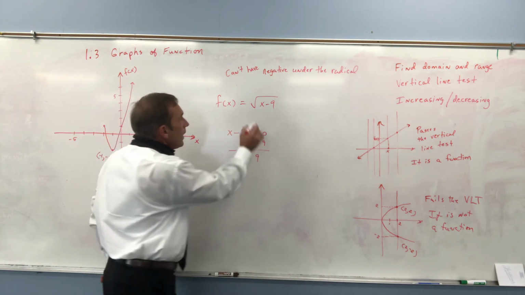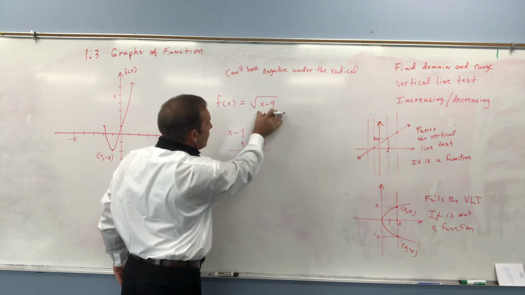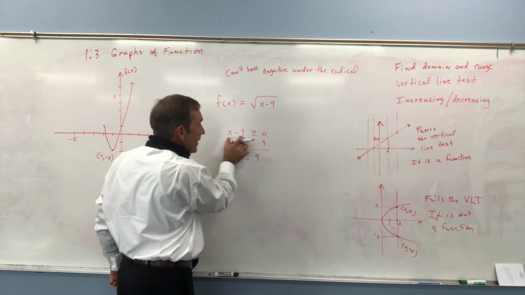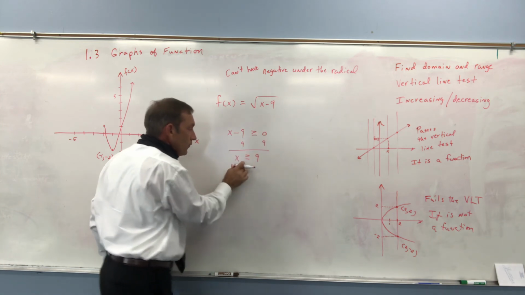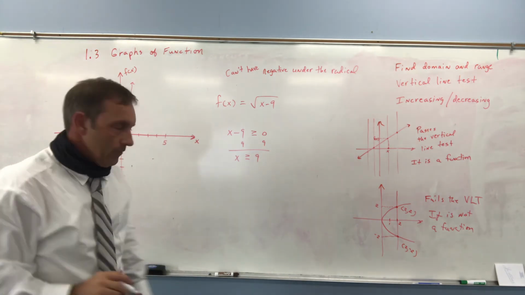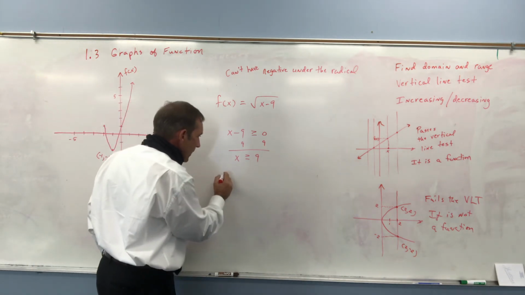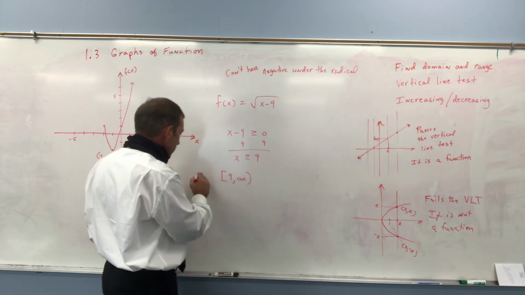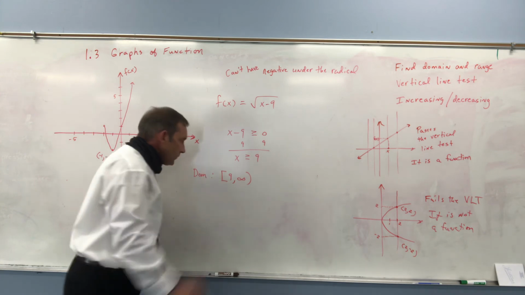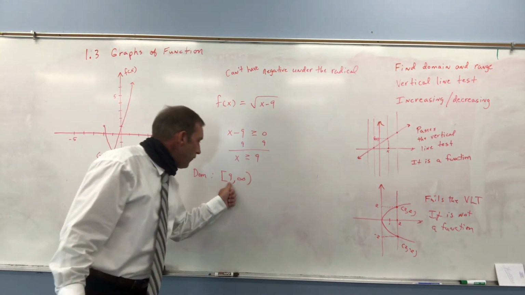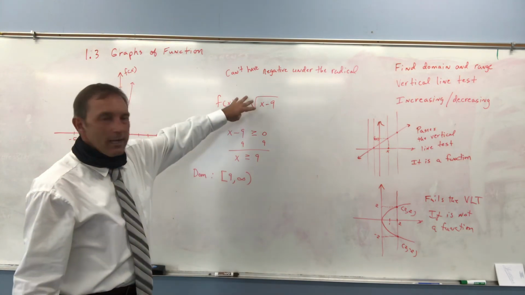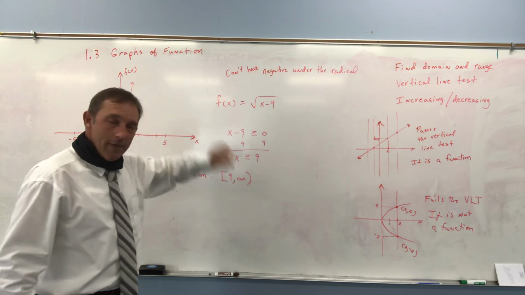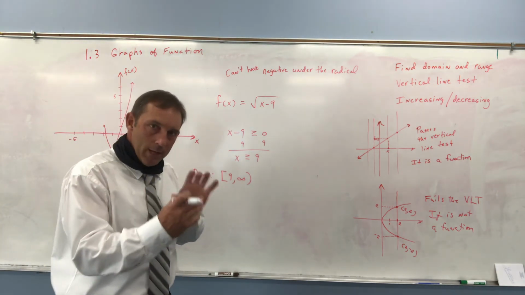So by understanding this fact about radicals and then just expressing that fact, the fact that this needs to be non-negative, like so, allows us to see that the domain in this case is going to be from 9 to positive infinity. As long as we pick a number from 9 to positive infinity, we can plug it into that, no problems. And we'll get a function value will pop out, and together they'll make an ordered pair.